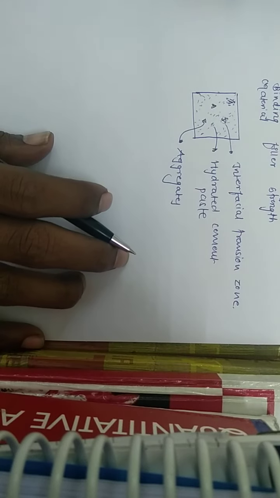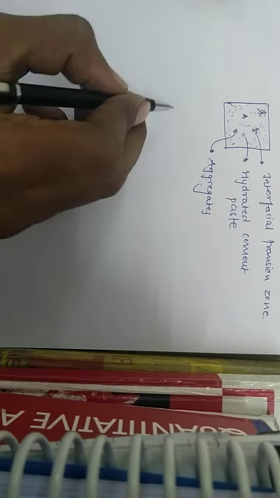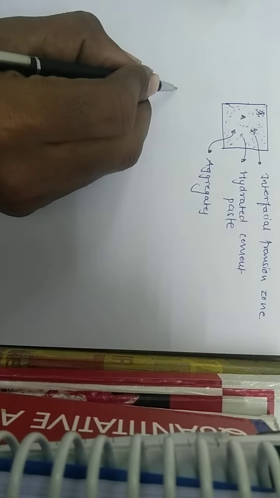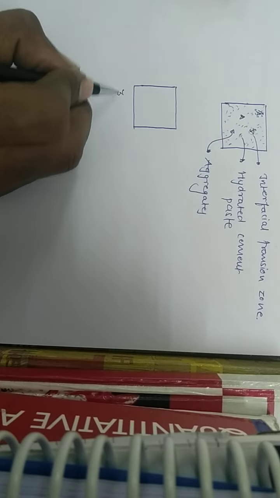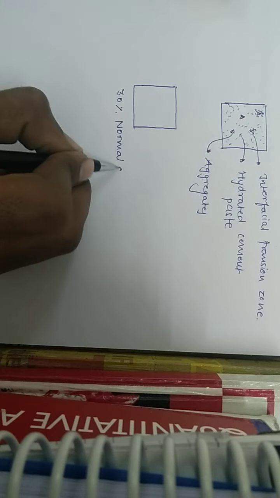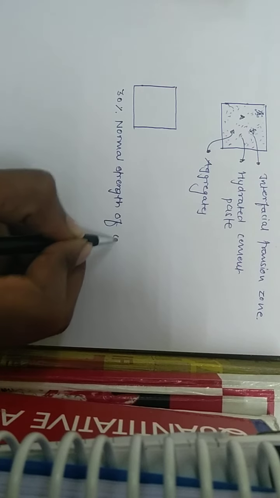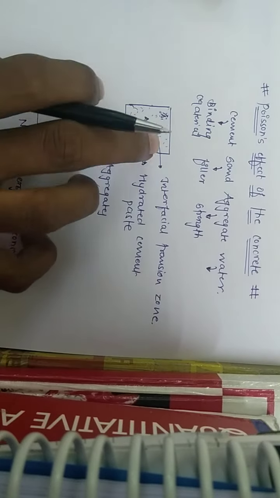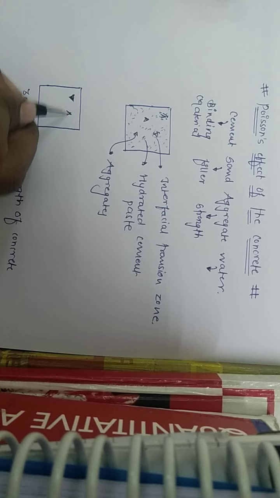Now let us understand the Poisson's effect of the concrete. Suppose the external force is about 30% of the normal strength of concrete, then this interfacial transition zone will get reduced, or this transition zone starts losing its strength.